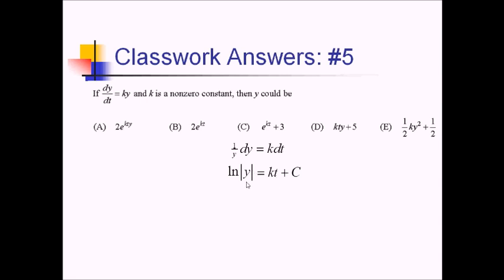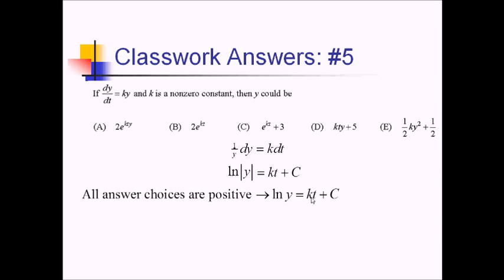So to do that, we first need to figure out whether this absolute value is just plain old ln of y or ln of negative y. Looking at our answer choices, we notice that all of these answer choice expressions here are positive. That means that we're going to pick positive y instead of negative y to be inside our ln. So I'll just rewrite this as ln of positive y equals kt plus c.